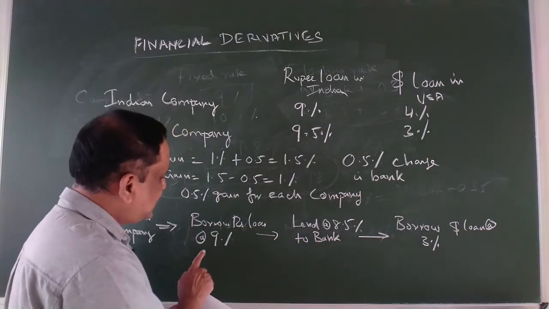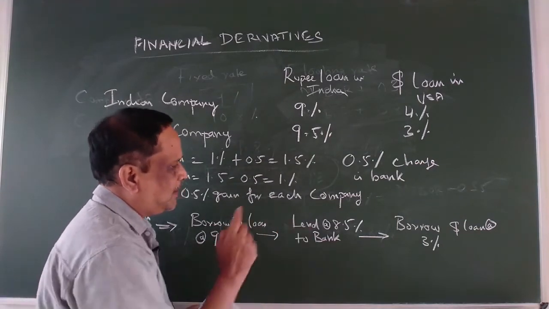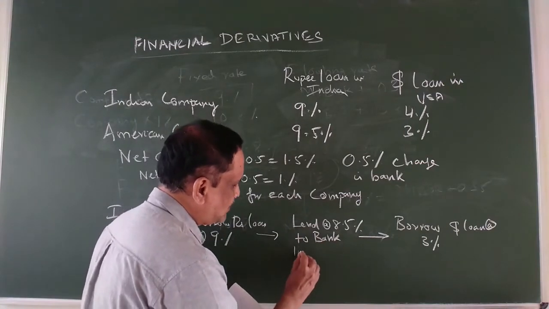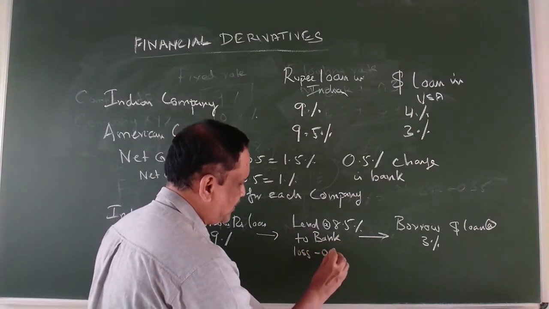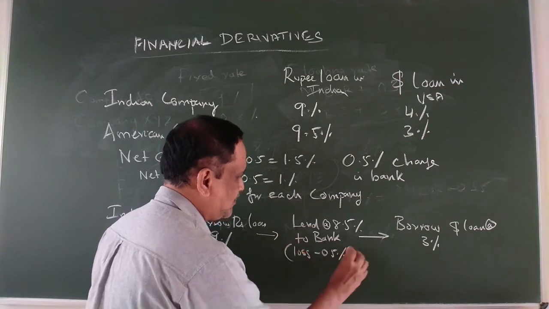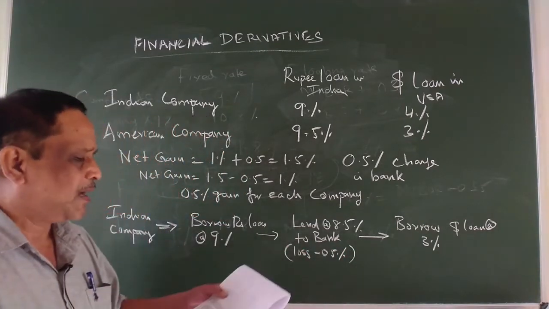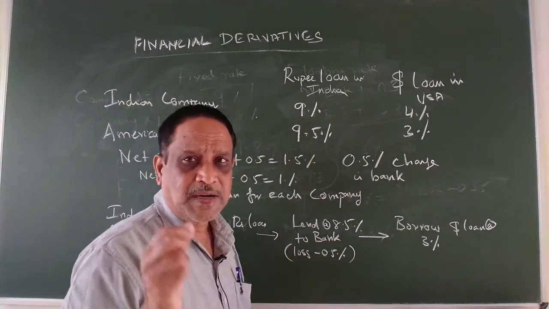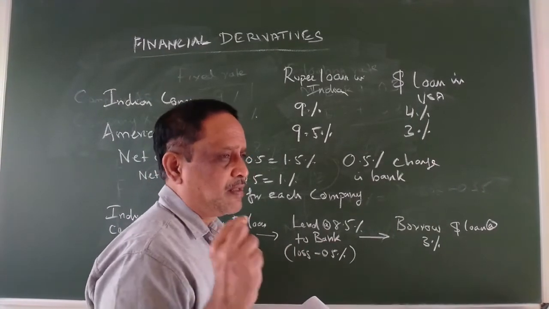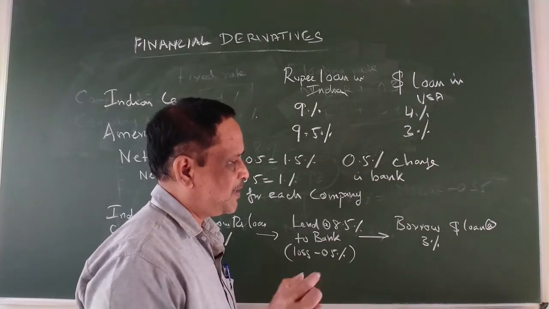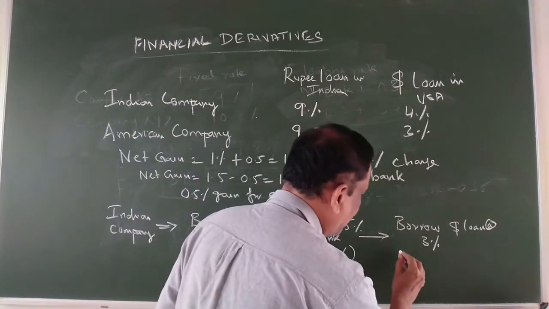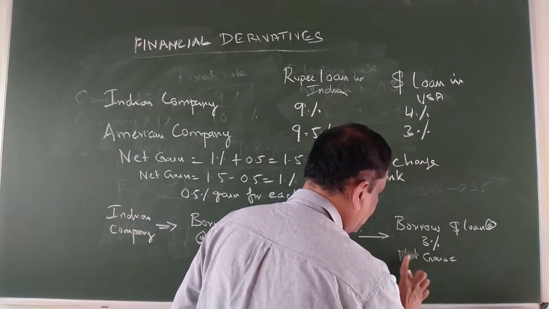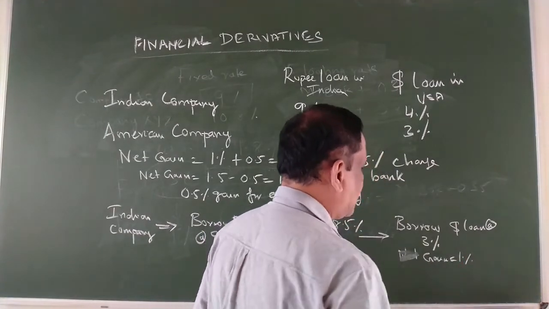See here, it is borrowing at 9% and it is lending at 8.5%. The loss is minus 0.5%. And in this case, it is borrowing at 3%, but the actual rate of interest applicable for the company is 4%. So, here the gain is 1%.